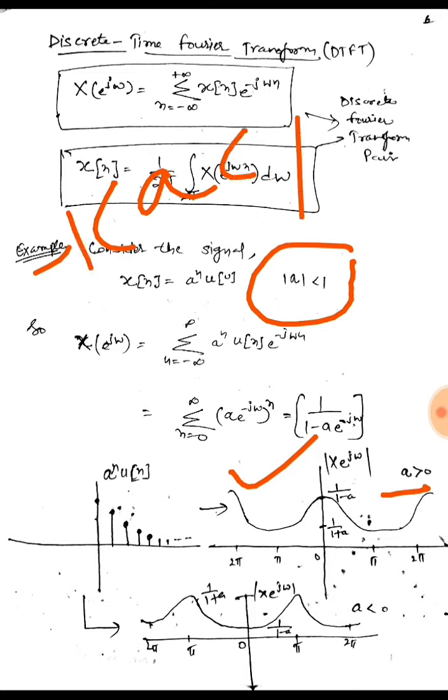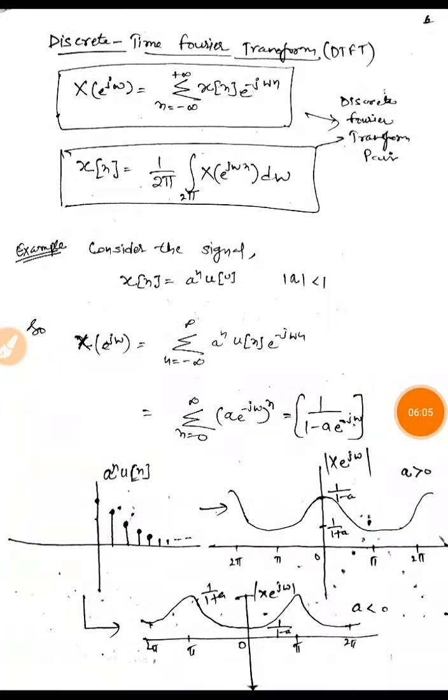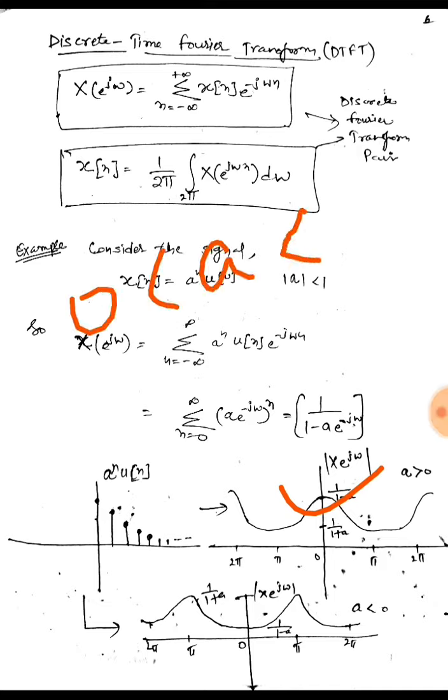So this is for a from 0 to 1, and this is for a less than 0 and greater than minus 1. So these are the two functions, depending on the value of a.